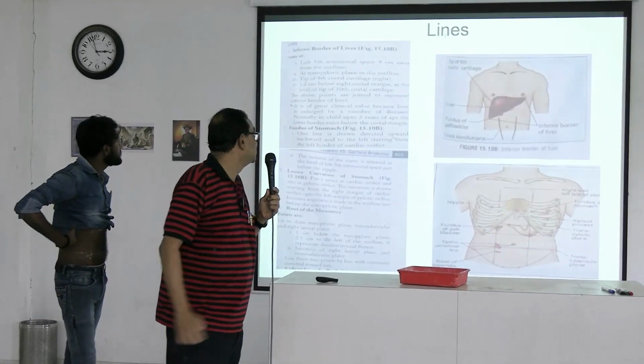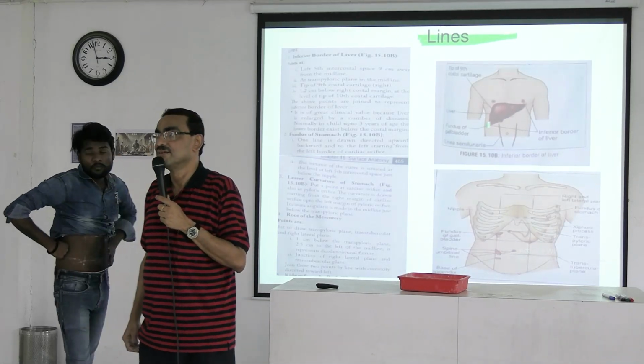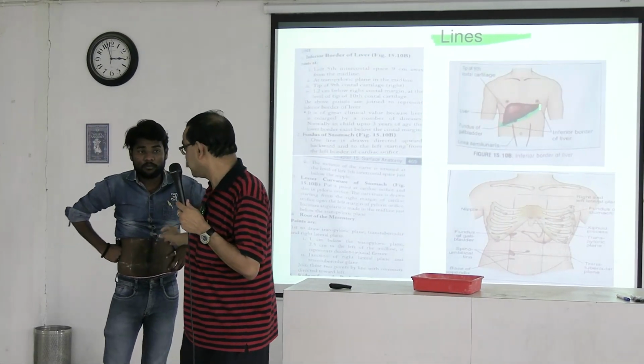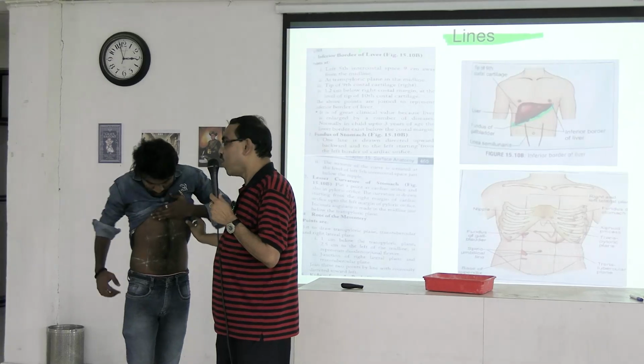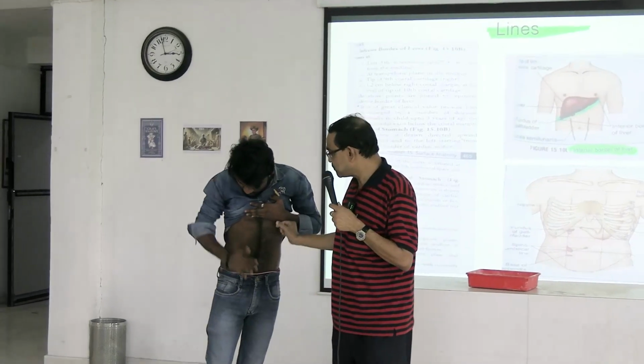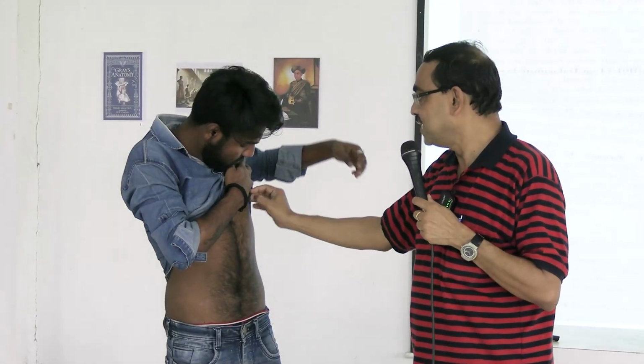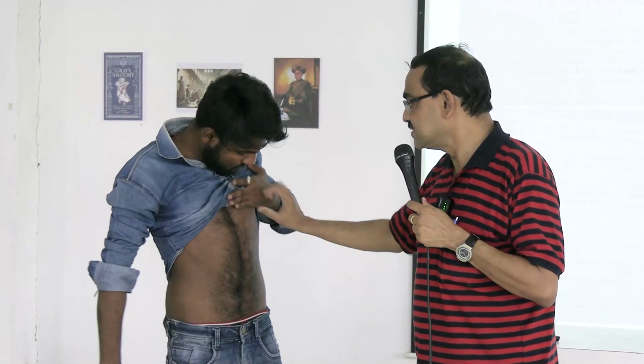Next is the inferior border of the liver. The points have already been covered. Already you know. The first point is at the cardiac apex. That means it is at this level.